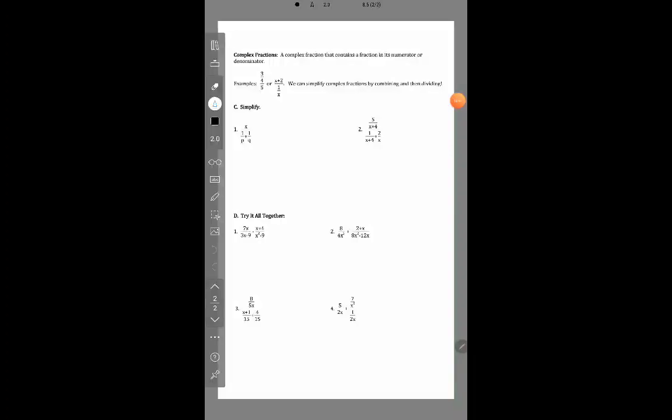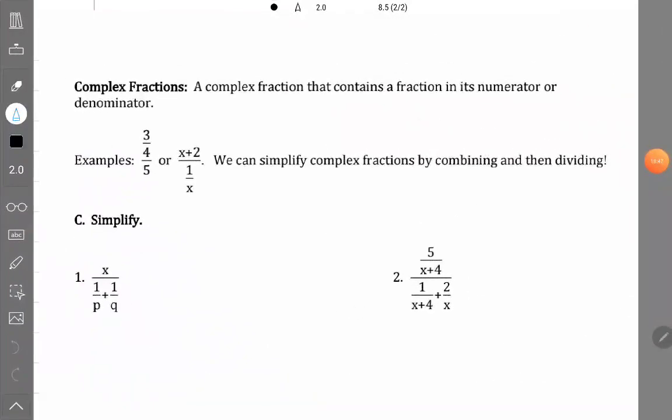Alright, here we go. Complex fractions. So the first thing we have to do is, well, it's when we have a fraction over a fraction, and those fractions are being added or subtracted, so we have to simplify that first.